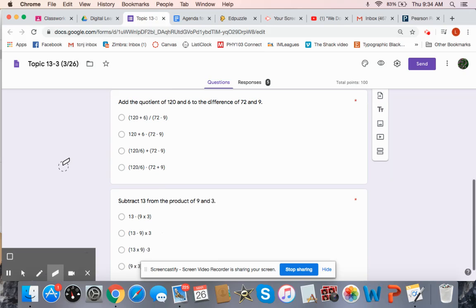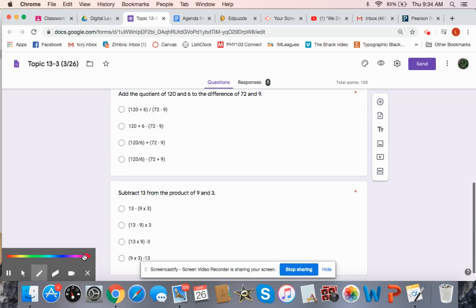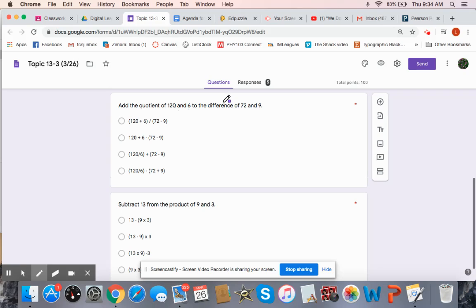Let's look at the next one. It says add the quotient of 120 and 6 to the difference of 72 and 9. So difference, remember guys, means subtraction, and you're subtracting 72 and 9. And then quotient means division, so you're dividing 120 and 6.